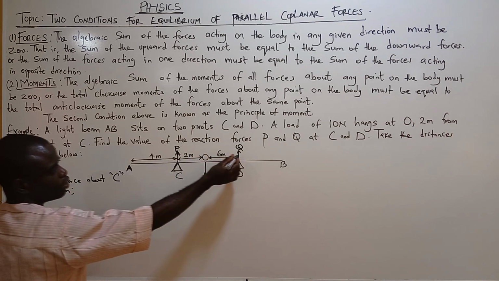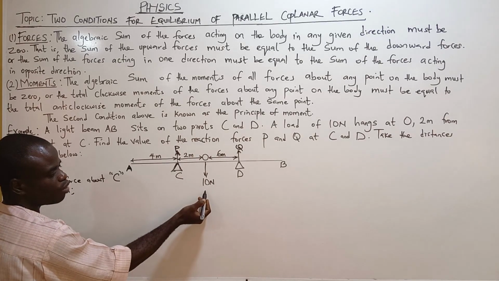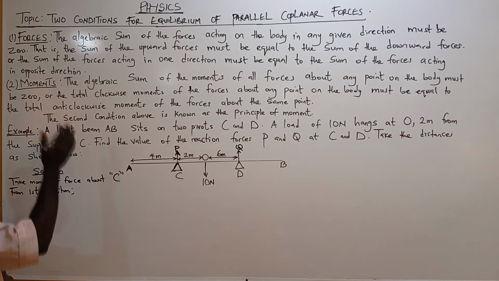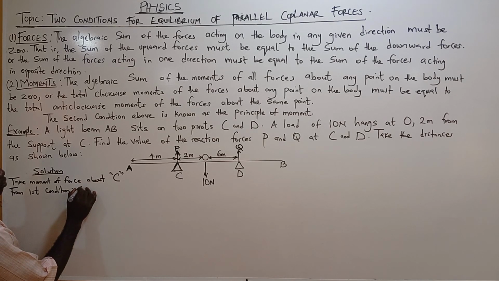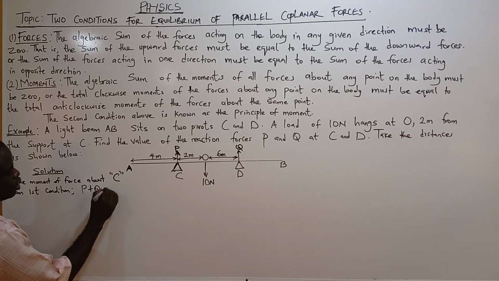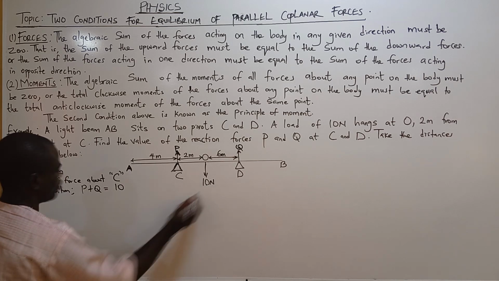You can see they are plural. The up ones, we have two of them, but the one coming down, we only have one force. So P plus Q equals 10, because we only have one force down.